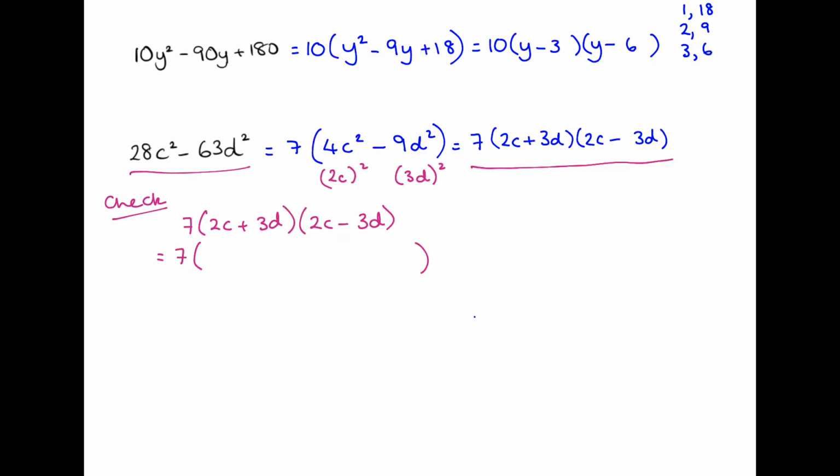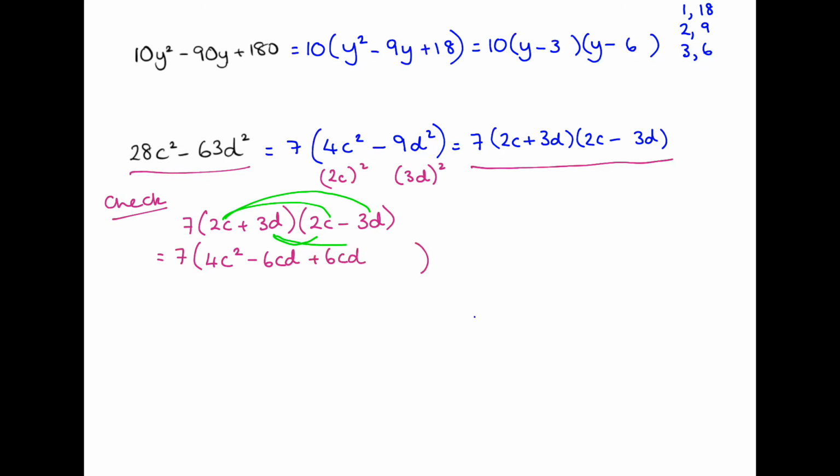Okay, so what we're going to do then is, I'll just draw lines again. So 2c times 2c is 4c squared. 2c times negative 3d gives us negative 6cd. Then 3d times 2c gives us positive 6cd.